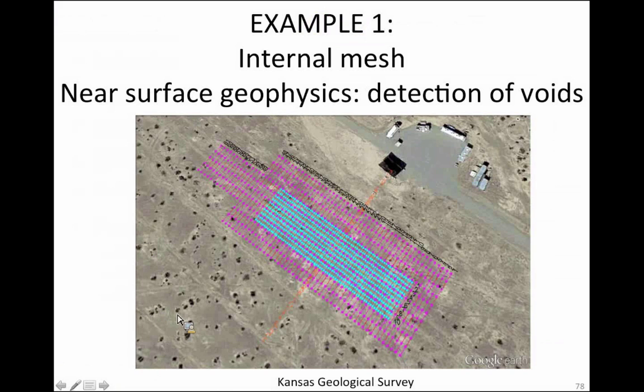So this is the layout from the actual survey for this prototype experiment, where you have in blue lines the receivers, geophones, 10 lines of geophones recording the vertical component of velocity, and also the sources, so quite a dense array of receivers and sources.